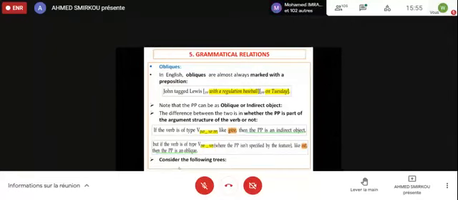The NP and the preposition phrase on the table, which means that this preposition phrase is not an adjunct, is not an oblique, but it's a complement because it is obligatory in the argument structure. Okay.